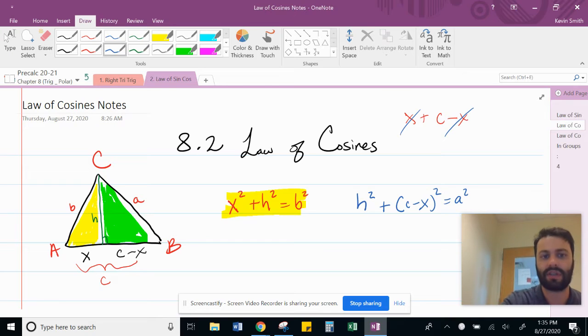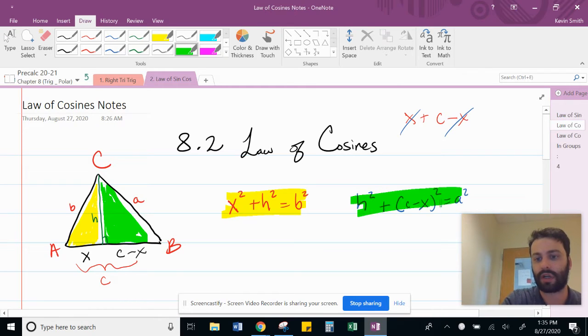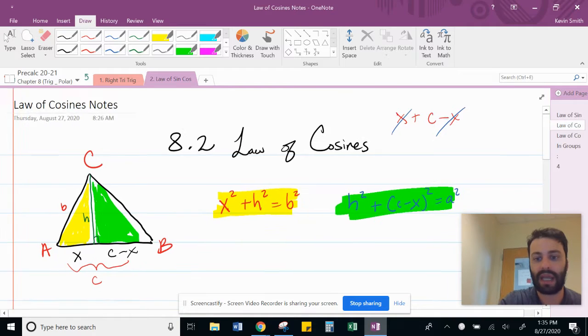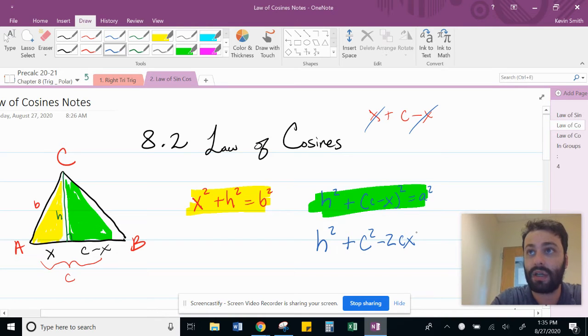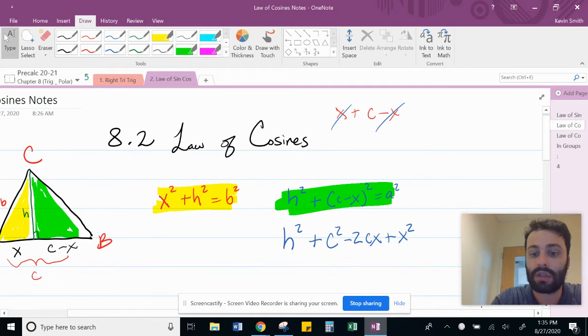First, from the green triangle, I'm going to expand out this piece and simplify it a little bit. So this will be h squared plus c squared minus 2cx plus x squared equals a squared.